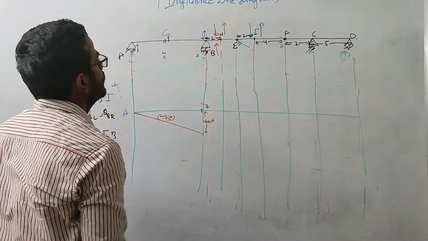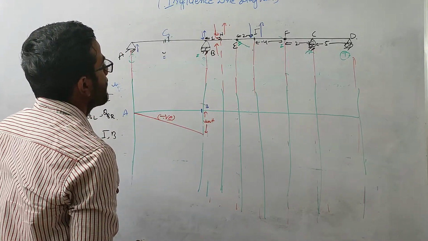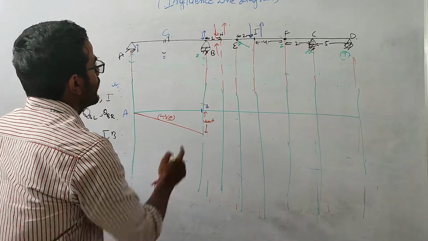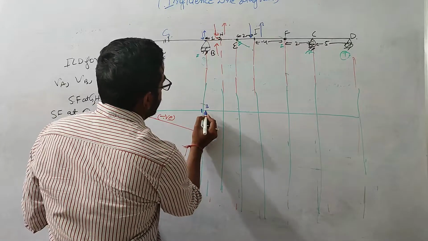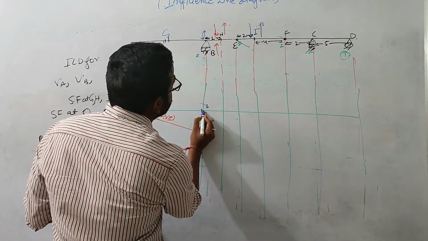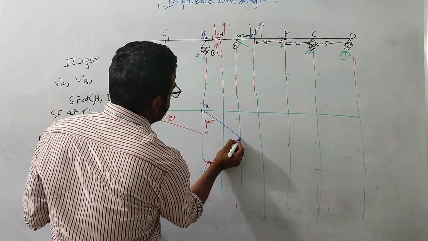So this beam cannot move upward. This beam cannot move upward because it is restricted by this portion. So what is happening from this point? This beam will come down.